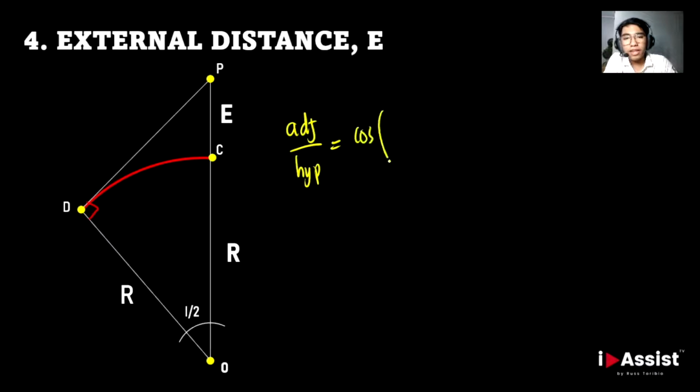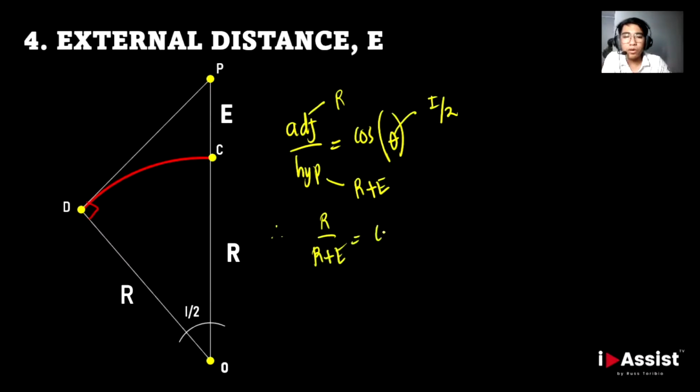Therefore, ang gagamitin ulit natin is the cosine of theta, where theta is I over 2, the adjacent side is R, and the hypotenuse is R plus E. It makes sense kasi yung hypotenuse dapat mas malaki sa adjacent side. R plus E is greater than R. Okay? Considering na si E ay distance. Positive naman yan, walang distance na negative. Okay, let's substitute. Therefore, R over R plus E is equal to the cosine of the angle I over 2.